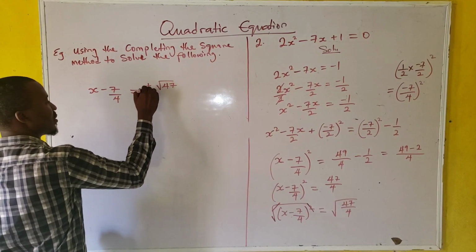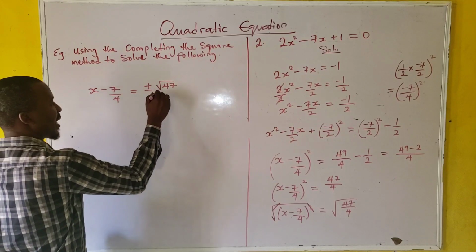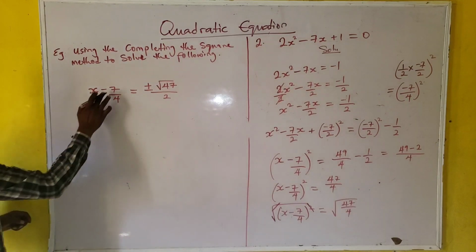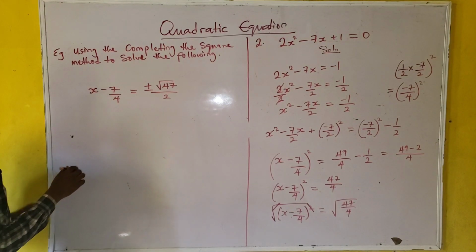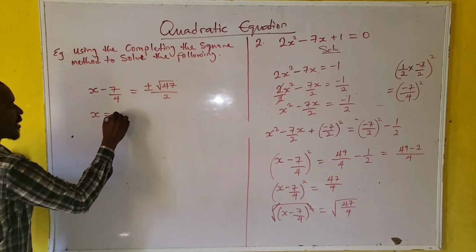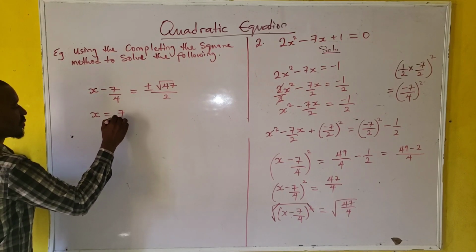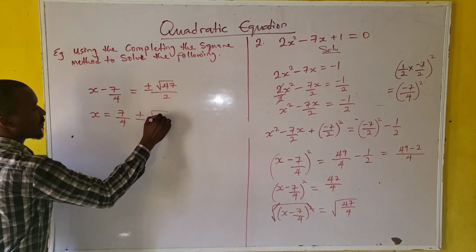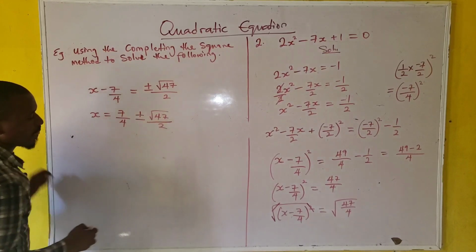Remember, when you take square root, you have plus or minus, all over 2. So the next thing to do is to solve for your s, which is the last step. So that will give us s equals to, this one comes over here, 7 over 4 plus or minus square root of 47 over 2.